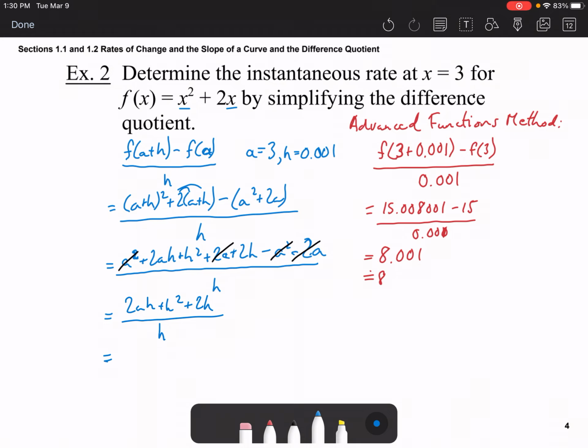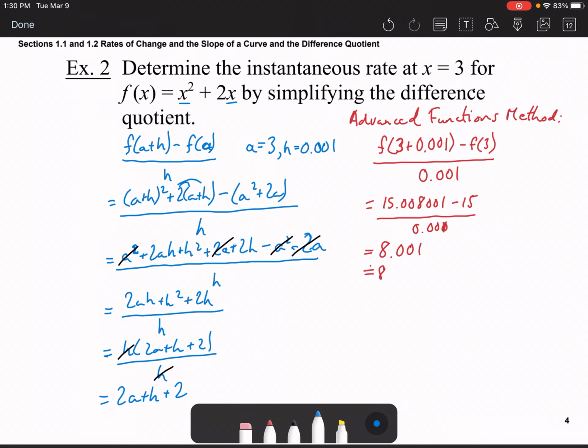Well, I can factor out an h from my numerator and cancel it with my denominator. So this gives me a value of 2a plus h plus 2.